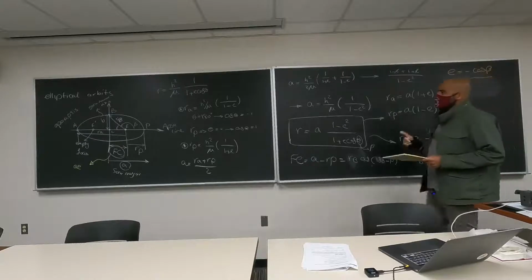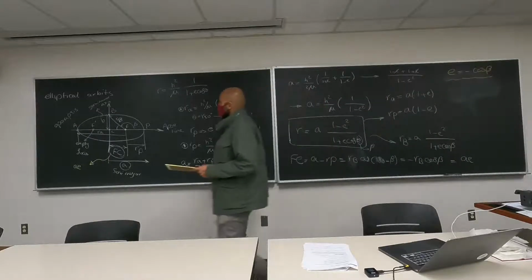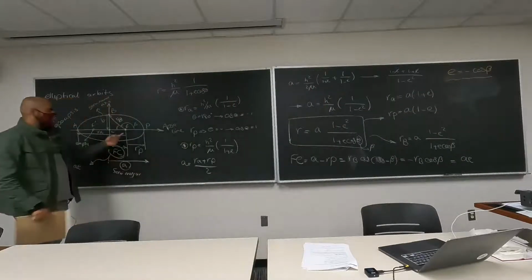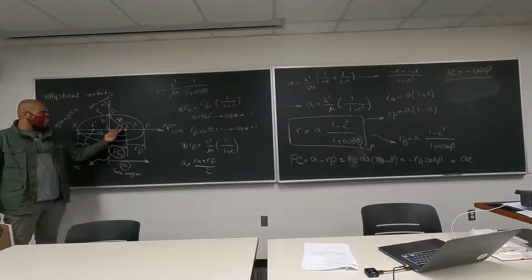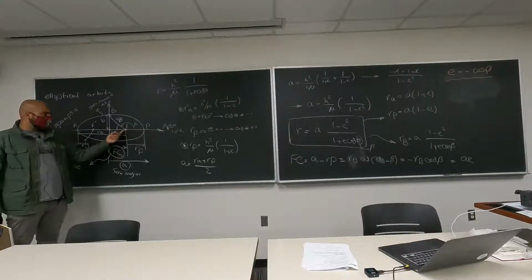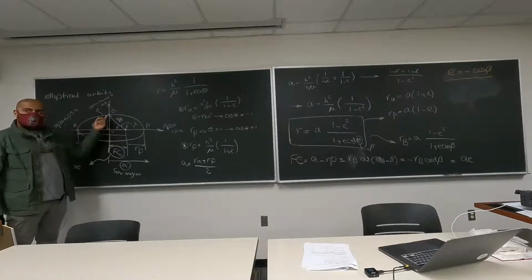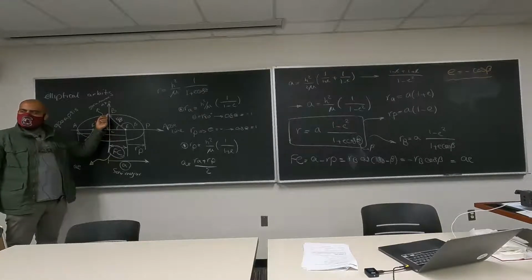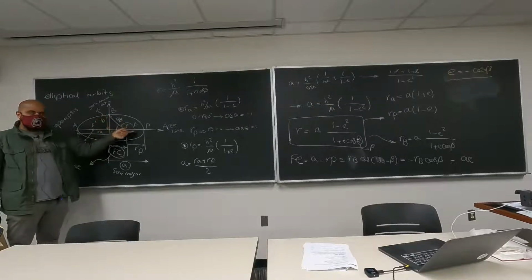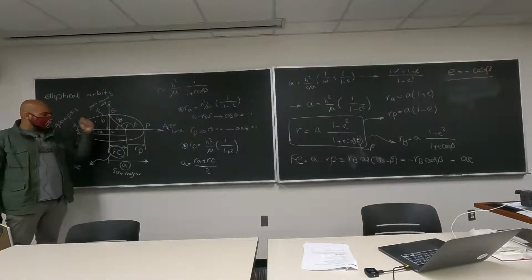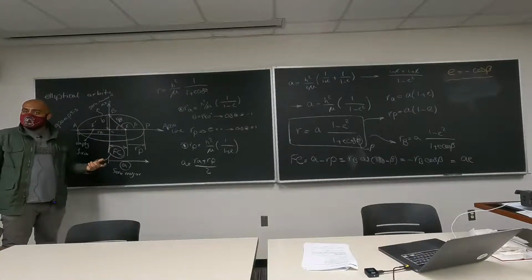So your eccentricity is equal to negative cosine of this angle. Beta is the true anomaly at which you are on the center line. So when you're at the center line, if you know that true anomaly, you can calculate the eccentricity of the orbit, right?